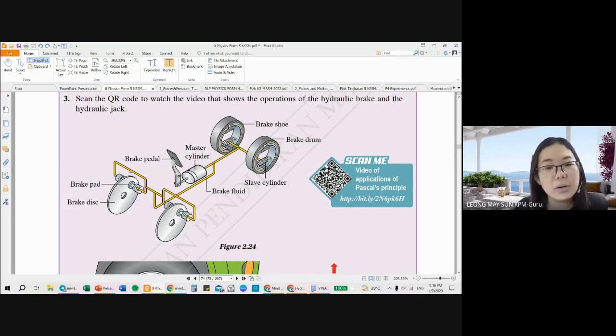So the brake fluid is connected to the brake pad and the brake disc. That's the front of the car. At the back of the car, it's connected to the brake drum, the slave cylinder, and also the brake shoe. Let me go back to that slide just now.